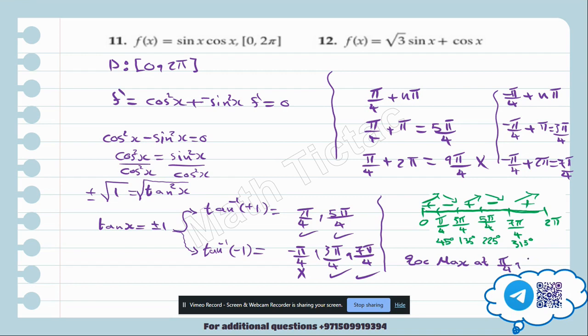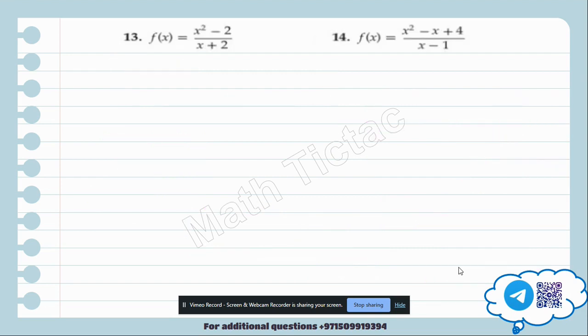Then we have also local minimum. So this is local minimum at 3 pi over 4 and 7 pi over 4. That's it. Next, inshallah, we will solve questions about rational functions.